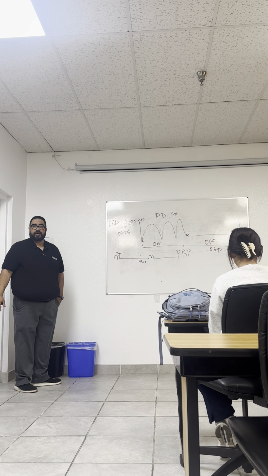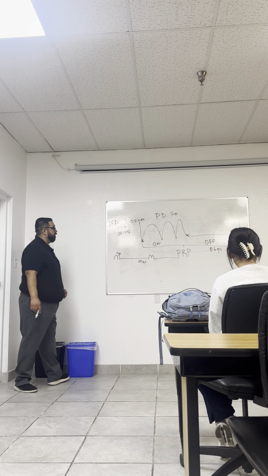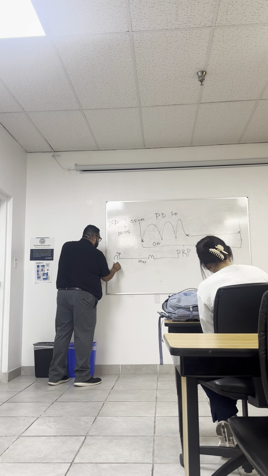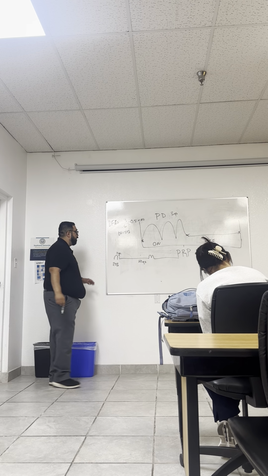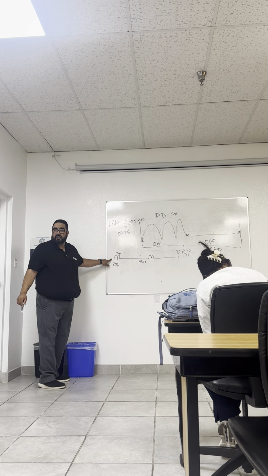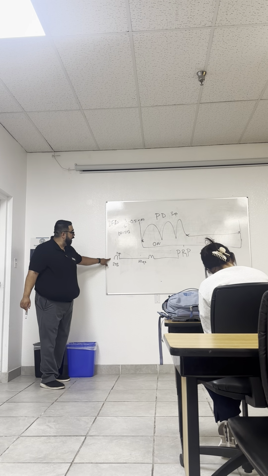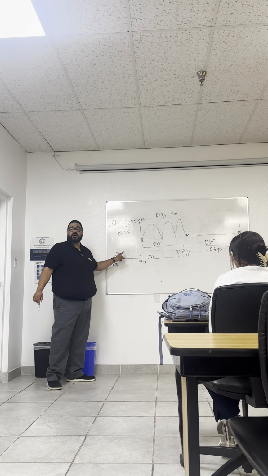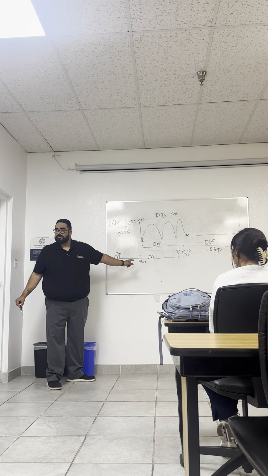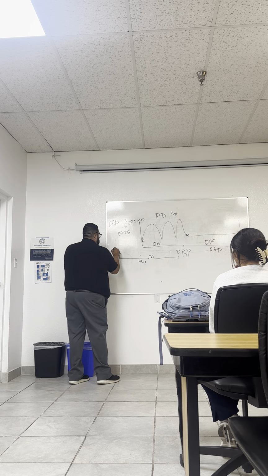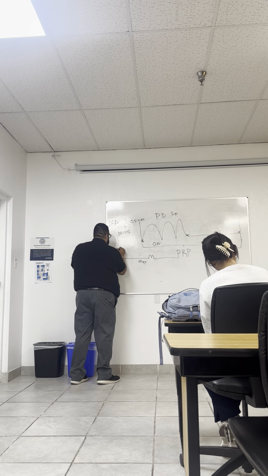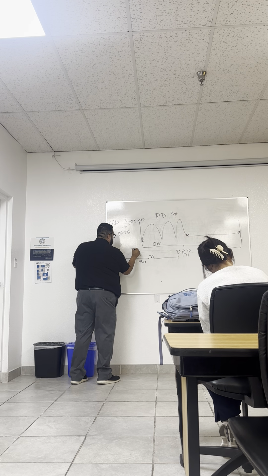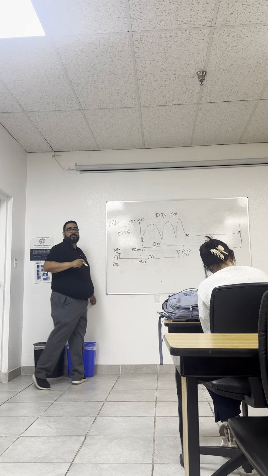What would our duty factor be? 20%. So that means that this pulse was on for 20% of the time, which means that it was off 80% of the time, right? So 20% on, 80% off gives us a total of 1.